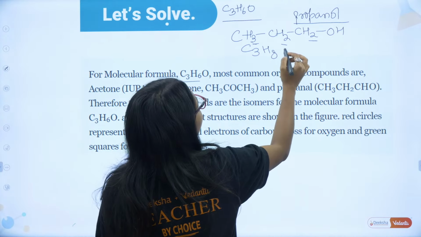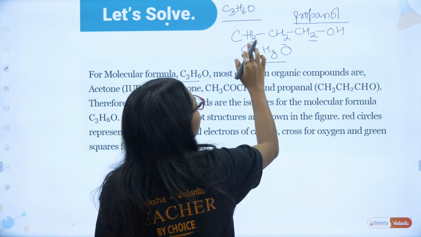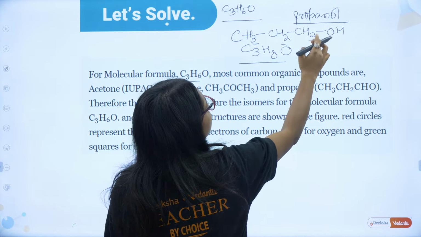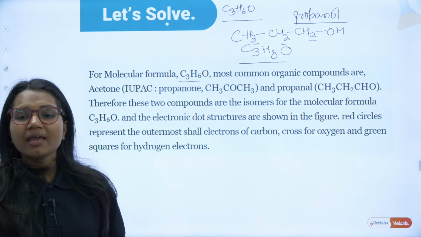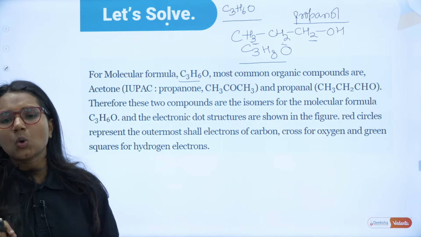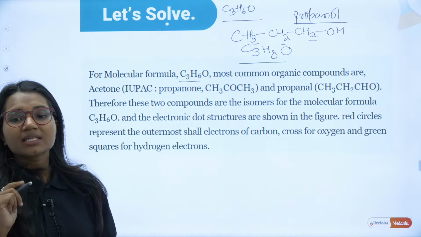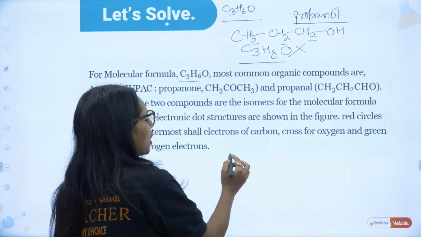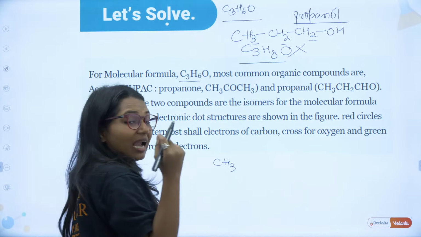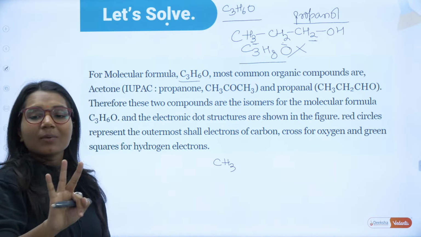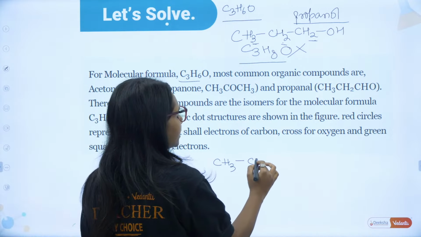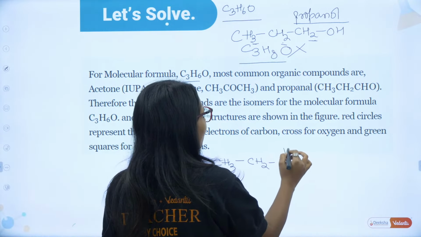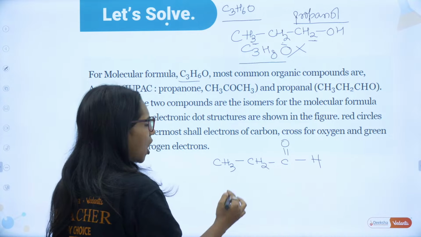Correct? So here you have 8 hydrogen. But the formula here is C3H6O. Correct? So it means that this compound is not alcohol. So alcohol is out. Now aldehyde. 3 carbon containing aldehyde: CH3, CH2, C double bond O and H. How many carbon?